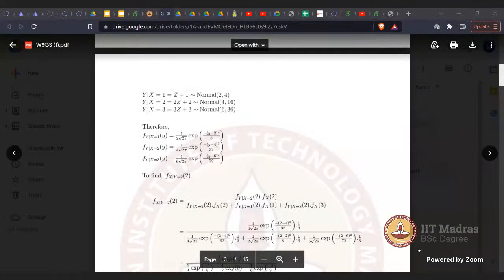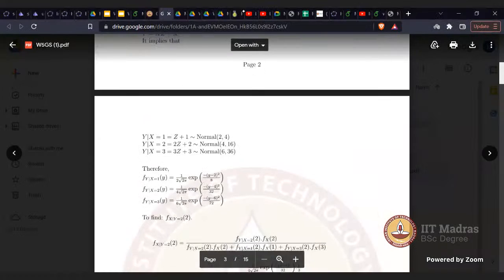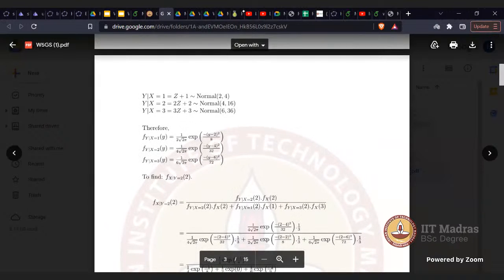Okay, wait, I will share my screen and then you can tell me where the doubt is. Only the conversion, the scaling part, is causing confusion. Yes, here on the first line, the conversion part, this y given x.